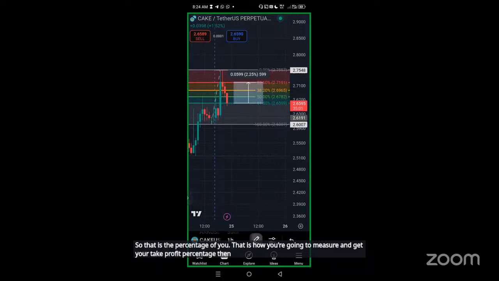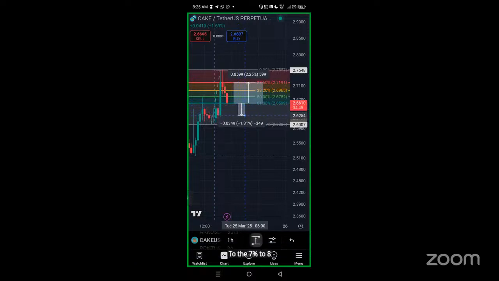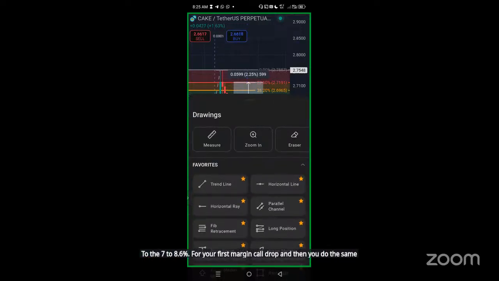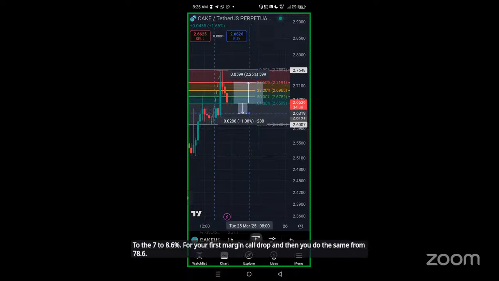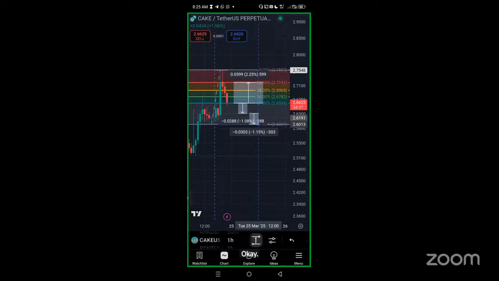Then, since you have made entry at 61.8, now in this case, this will be the current price. You're entering at current price. So measure this distance to the 78.6% for your first margin call drop. And then you do the same from 78.6 to the lower line for your second margin call drop.